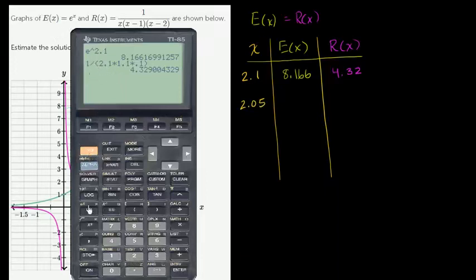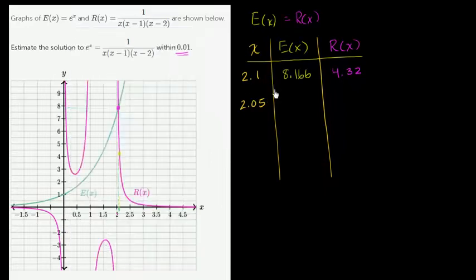So e to the 2.05 power gets us approximately 7.768.